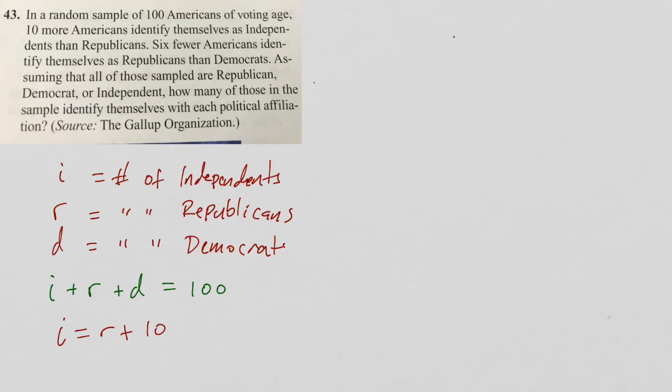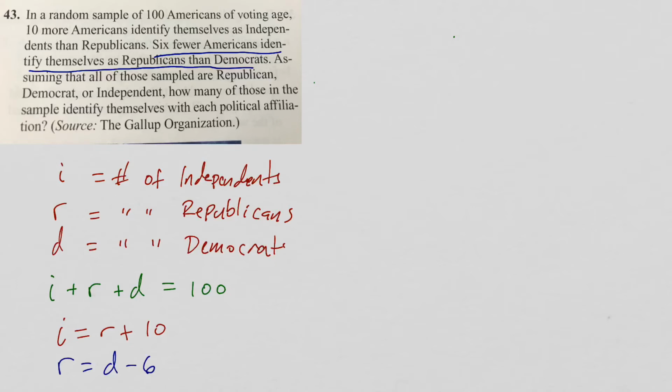Now this next part here says there's 6 fewer Americans that identify themselves as Republicans than Democrats. So if we want to set them equal, we're going to have to subtract 6 from the Democrats to make them equal to the Republicans. So Republicans is equal to Democrats minus 6 because there's 6 fewer Republicans.